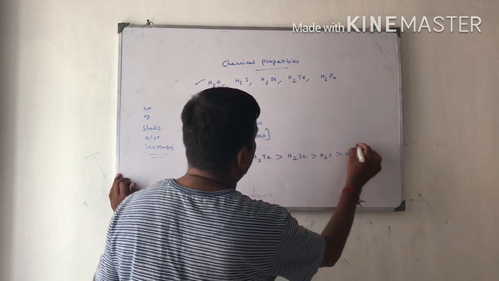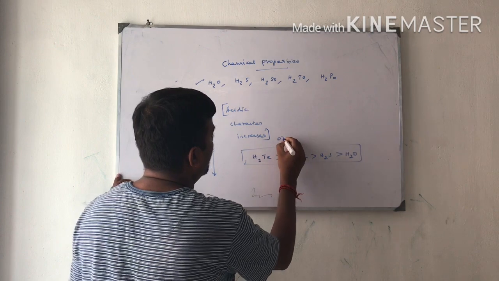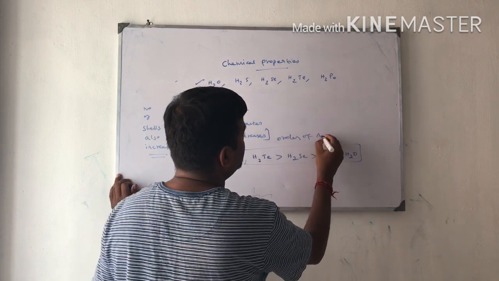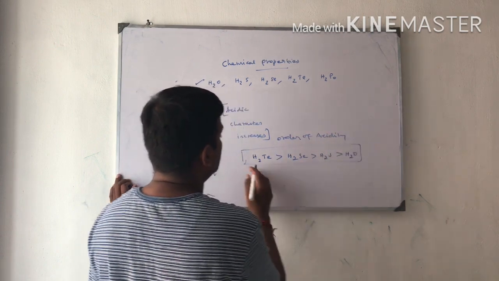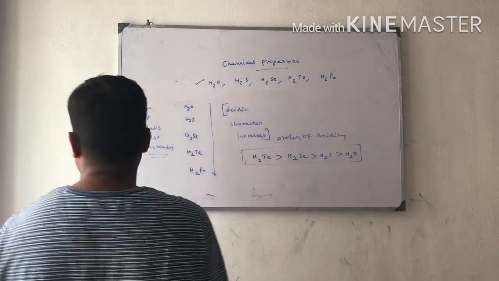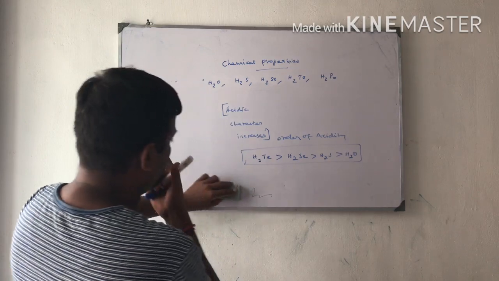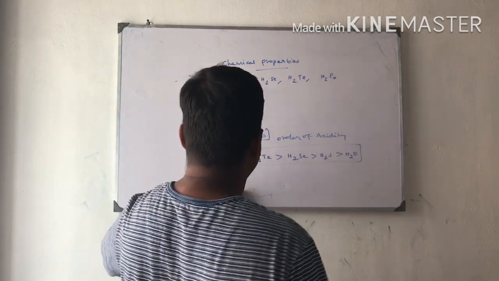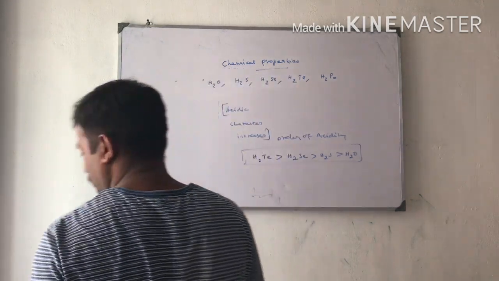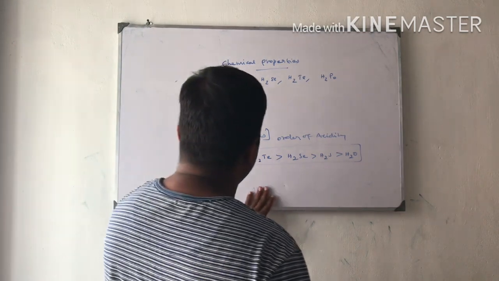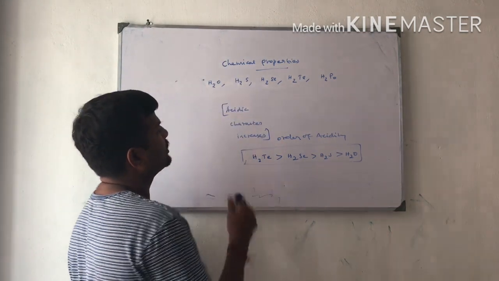This is the order of acidity. Tellurium is a bigger atom, so the distance between the nucleus and the hydrogen is high, therefore it is very easy to remove the hydrogen from the tellurium nucleus. That is acidic character.